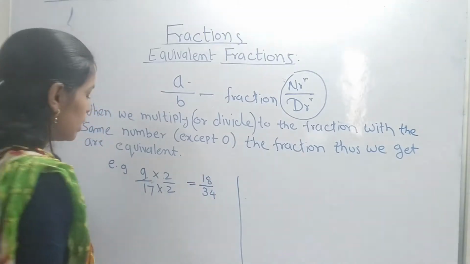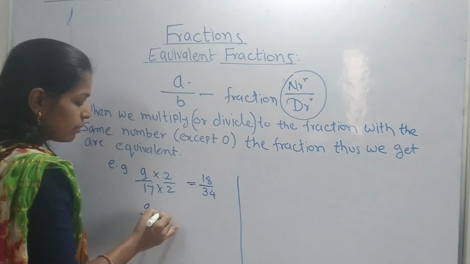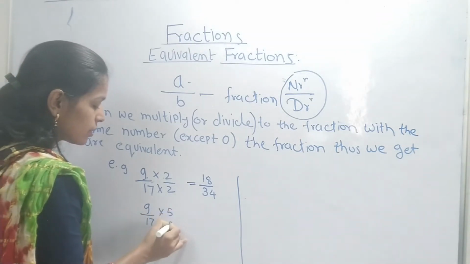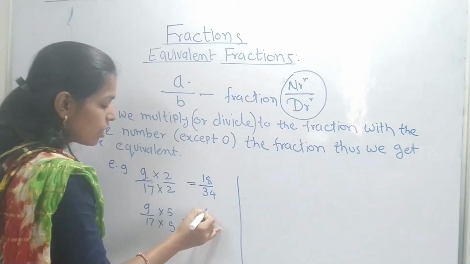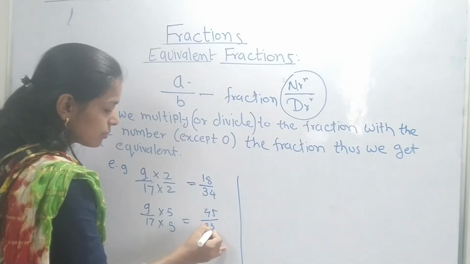18 upon 34. The next one, again 9 upon 17, multiply by 5. 9 5s are 45 and 17 5s are 85.